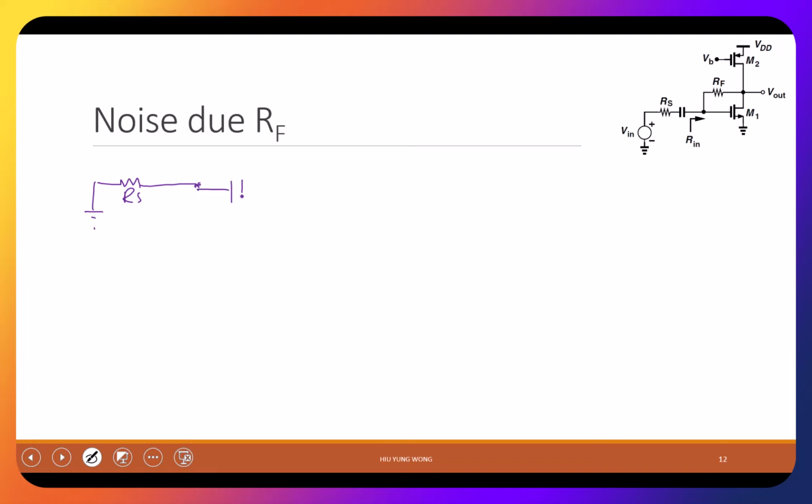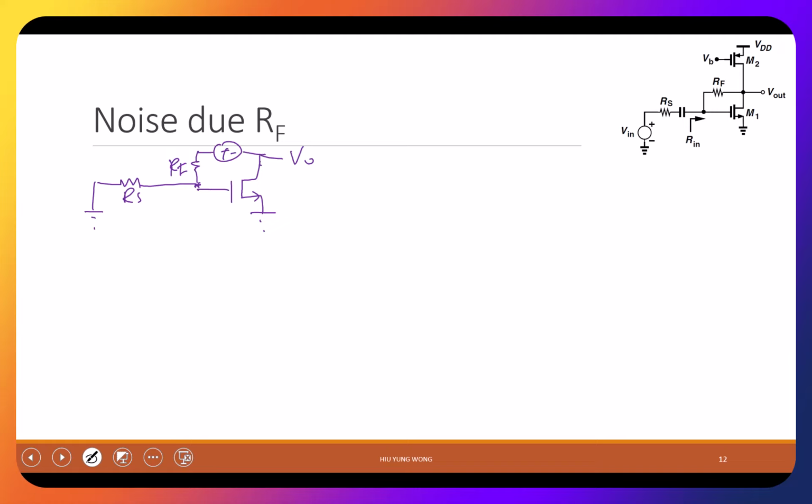I have the transistor here. This is going to ground. And then, of course, this goes to Vout. I would go up, but now it's small signal, so the current source is open, so I don't go up. I definitely have an RF here. But I want to study the noise due to RF, so I need to add a noise source.